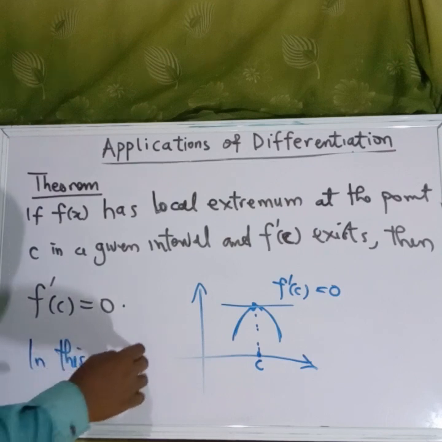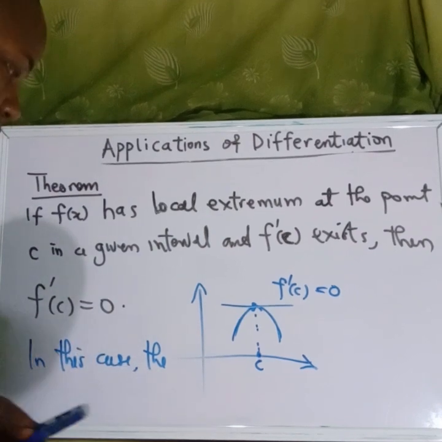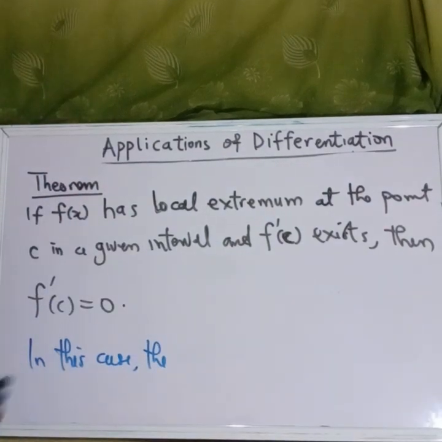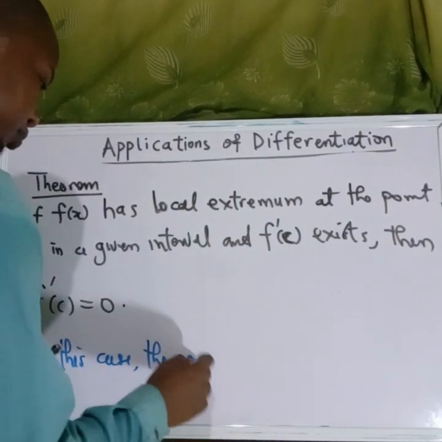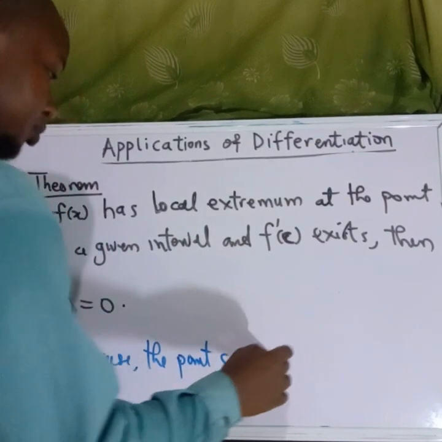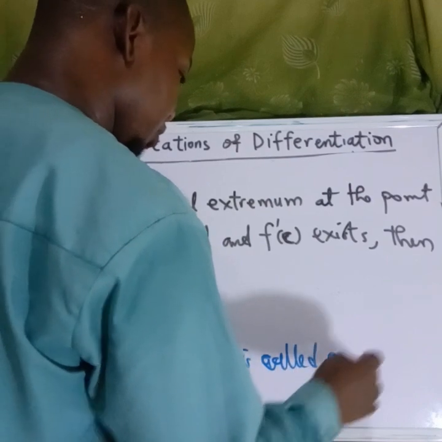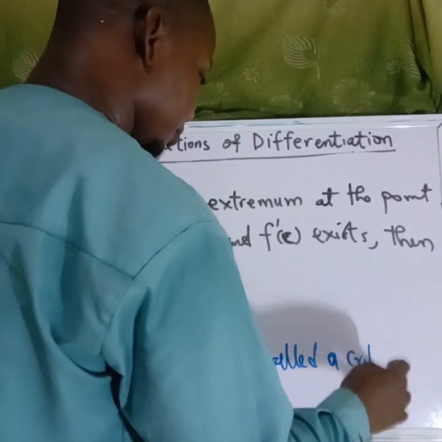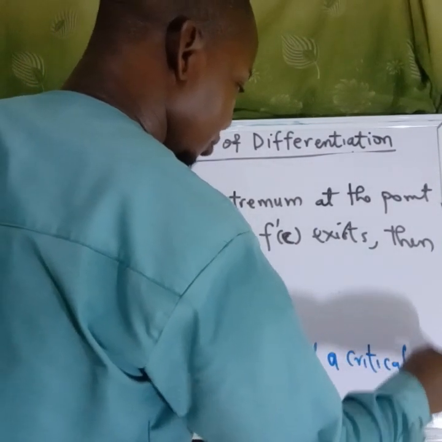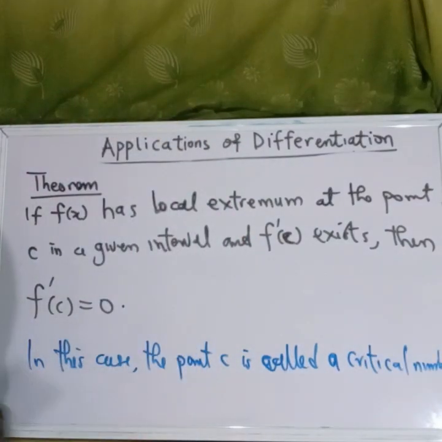This point c is called a critical number, or simply a critical point.